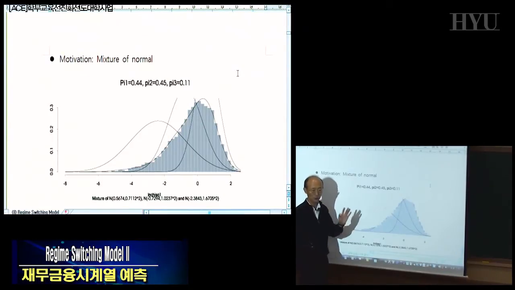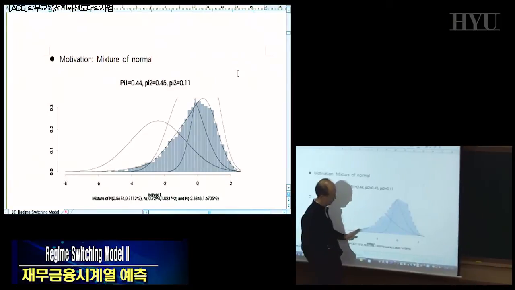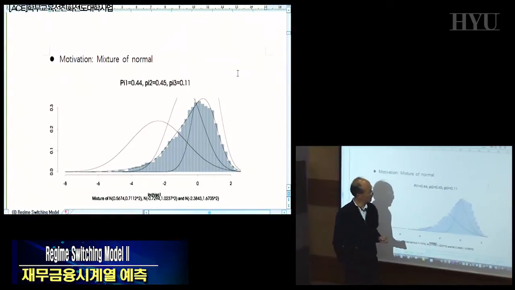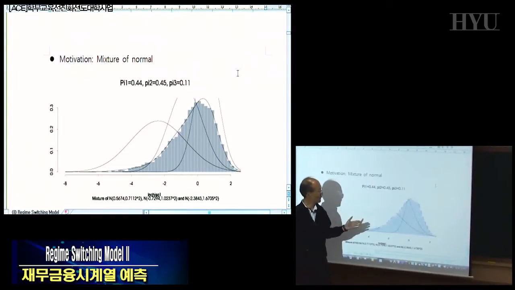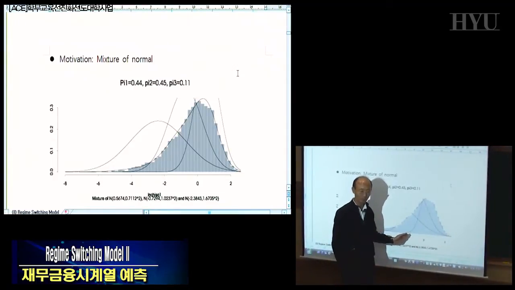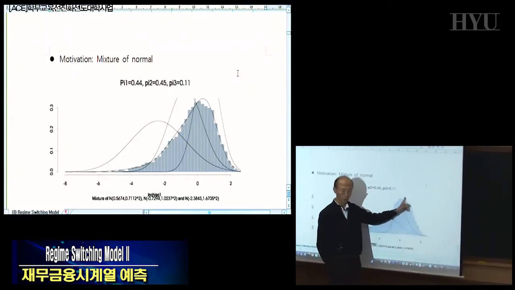Okay. Suppose you have data and you draw this type of histogram and you found this shape. And you try to find the right distribution that explains this data. Have you seen such a distribution before?